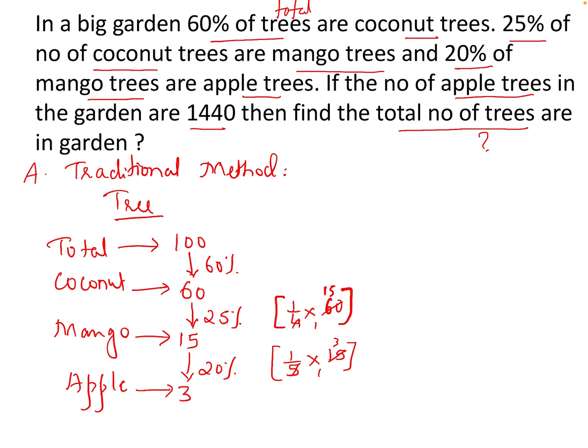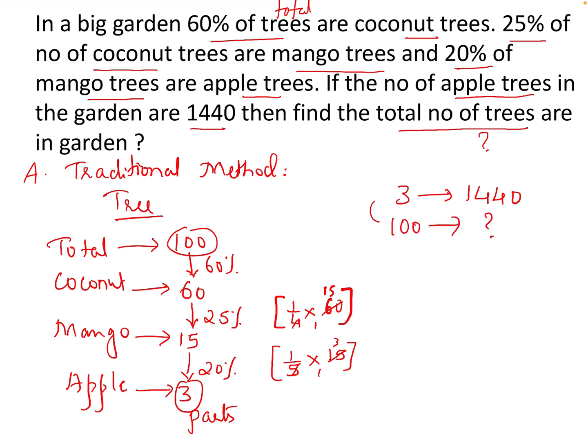So, we know that total apple trees are 1440. So, if 3 parts is 1440, because we know apple trees are 3 parts, they are asking what is the total number of trees. That means 100 parts is how much?